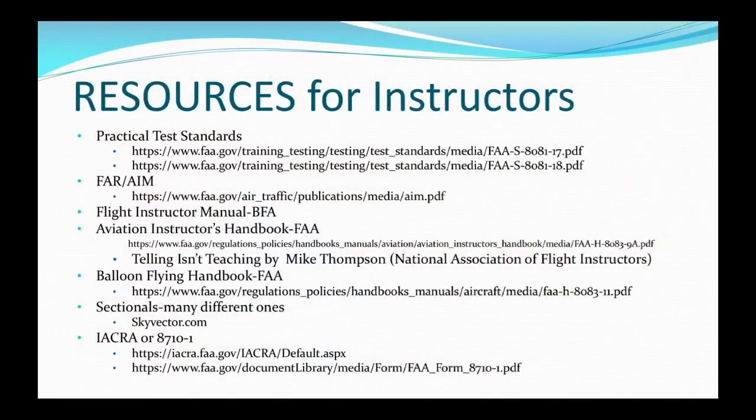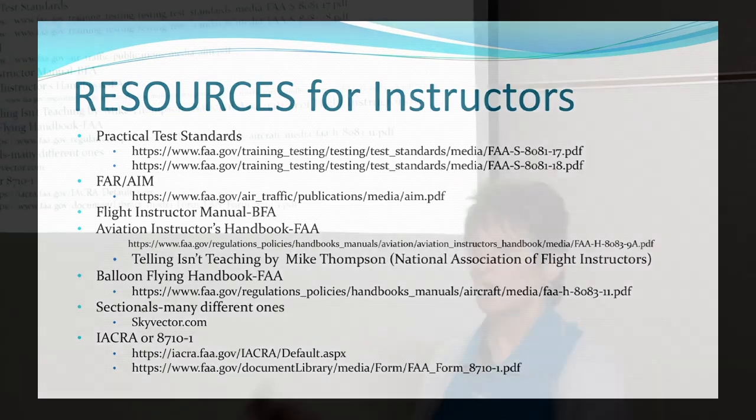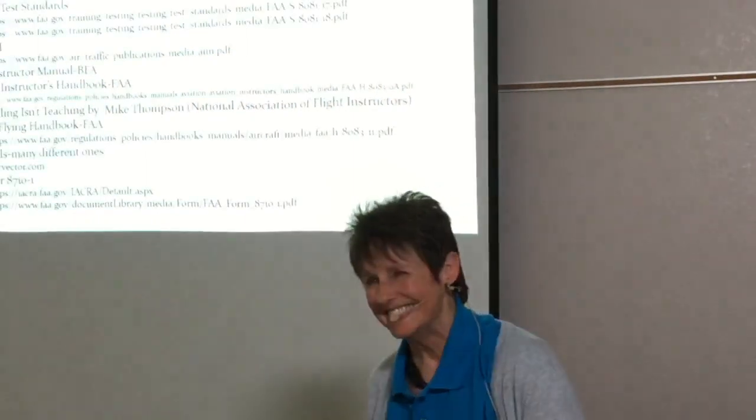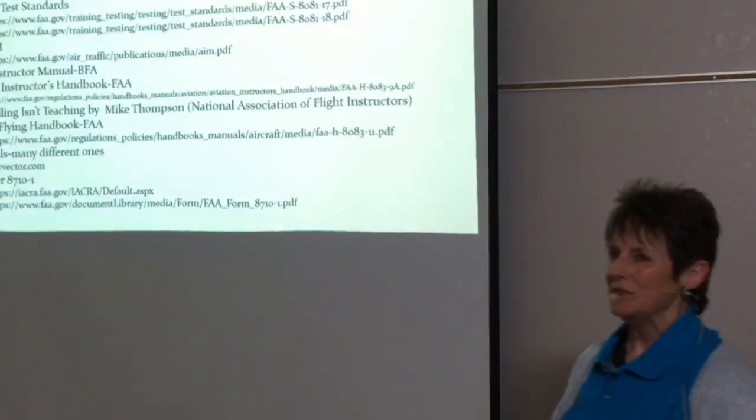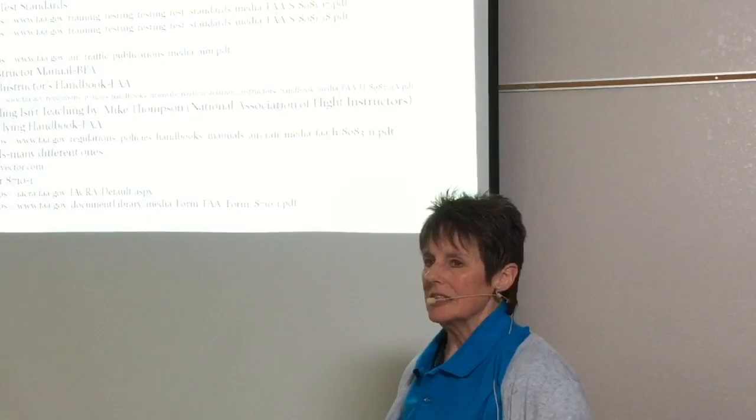And then for the application, they can either do IACRA, which is what the FAA prefers, is that you use their online system. Not super user-friendly. It takes some practice. If you have questions, you can call me. Sometimes you have to call the tech people in order to get it figured out. Sometimes what the tech people tell you is start all over and do another one. So it's not infallible, but it's a lot less paperwork.